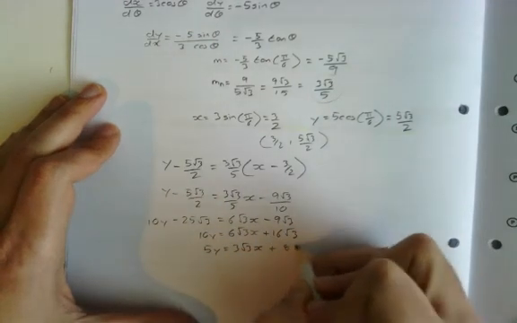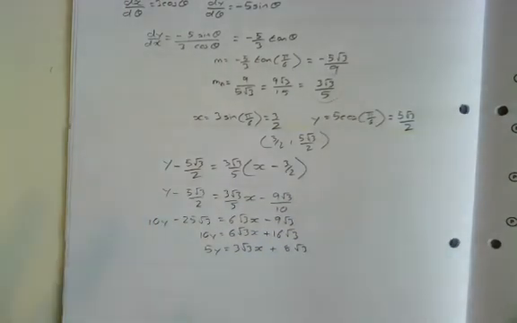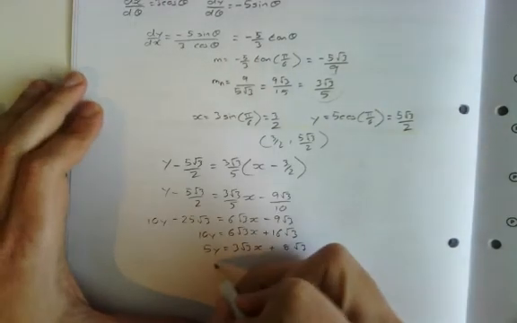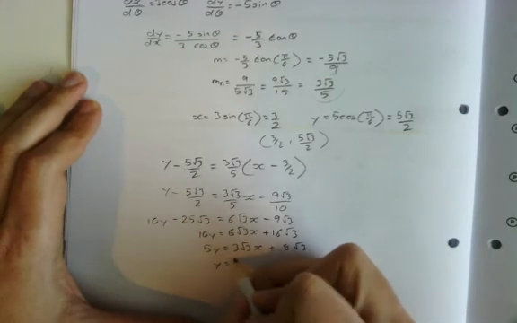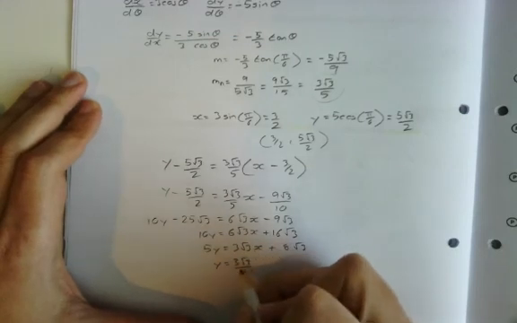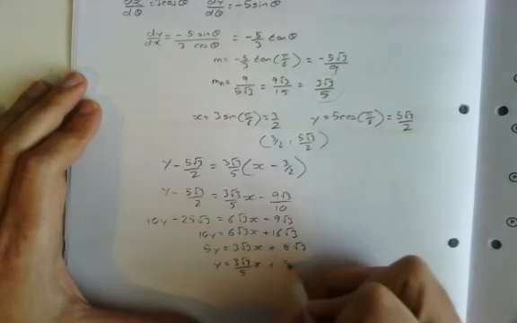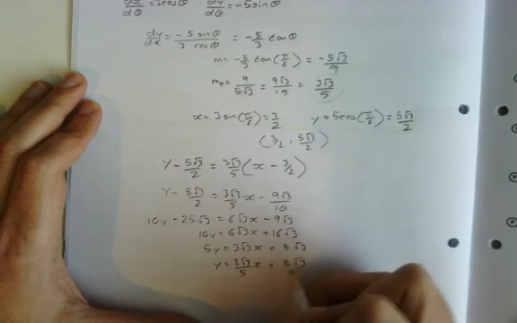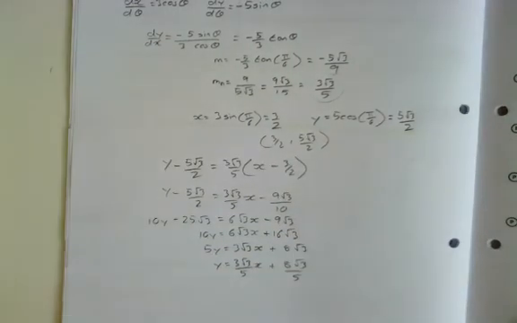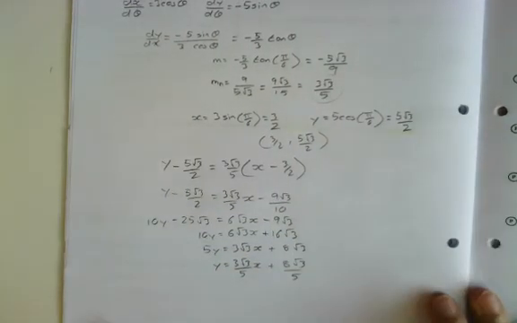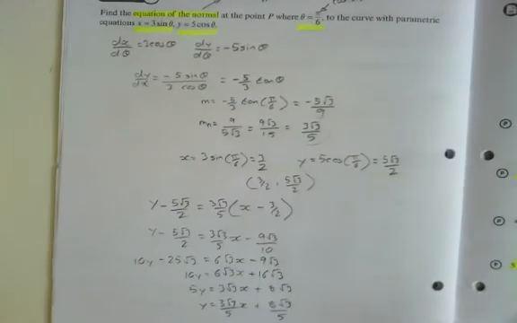So 5y equals 3 root 3x plus 8 root 3. And if I wanted to turn that into y equals mx plus c, I can then actually divide them all by 5, couldn't I? So y equals 3 root 3 over 5x plus 8 root 3 over 5.